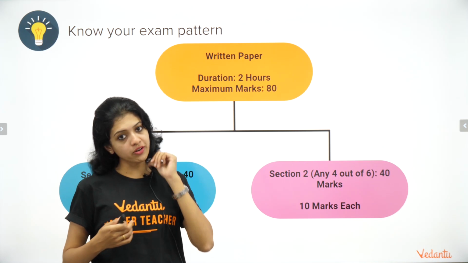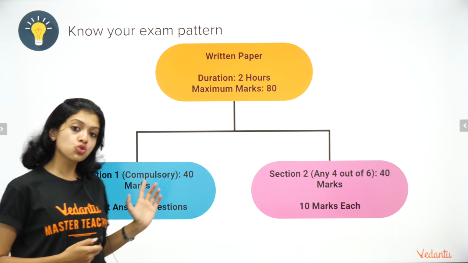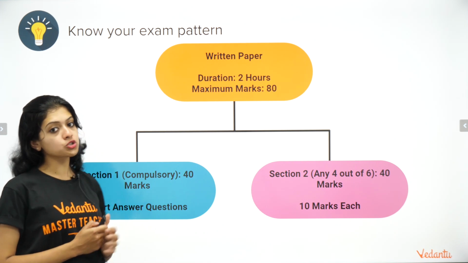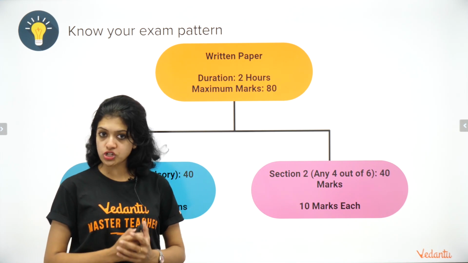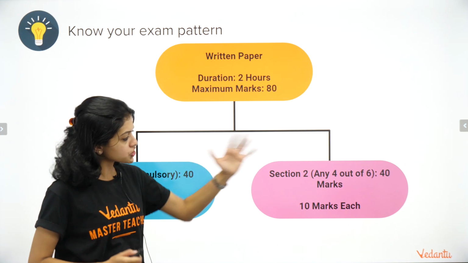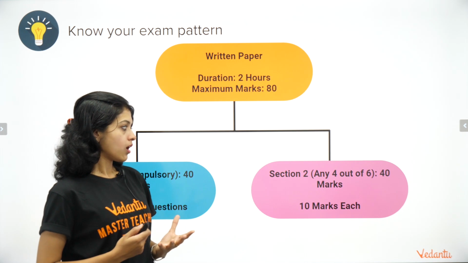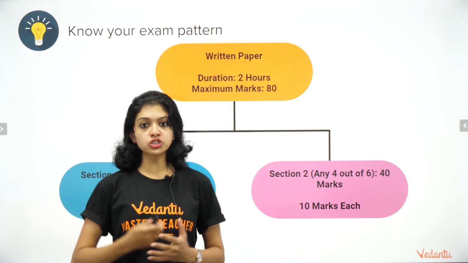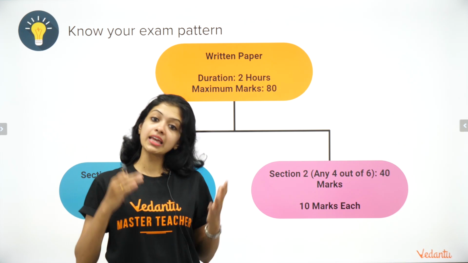And as you perhaps already know, your paper will have 2 sections, section 1 and section 2. Section 1, which will be a compulsory section of 40 marks, and you will have only short answer questions, right? And section 2 will comprise of 6 questions in all, out of which you have a choice of answering any 4, right?